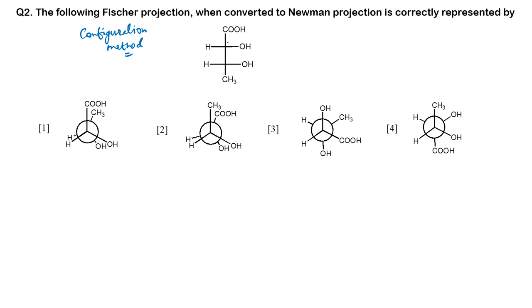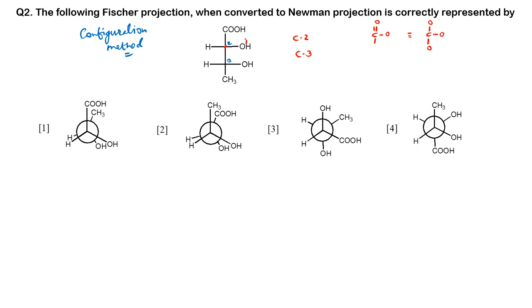So this will be the second chiral center and the third chiral center. First thing is we'll identify and determine the absolute configuration for the C2 and C3 centers. For the C2 center, OH will be the first one, and this C2 is attached to C3, which is attached with oxygen and carbon, while the COOH, as we have discussed earlier, when carbon has a double bond with oxygen, it is considered as attached to two oxygens and this third oxygen.